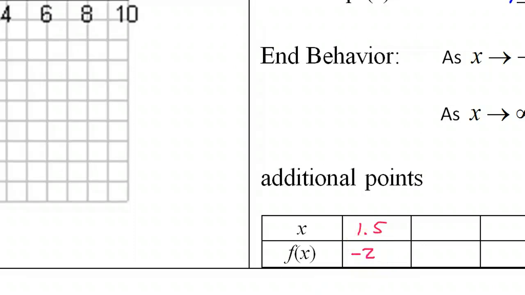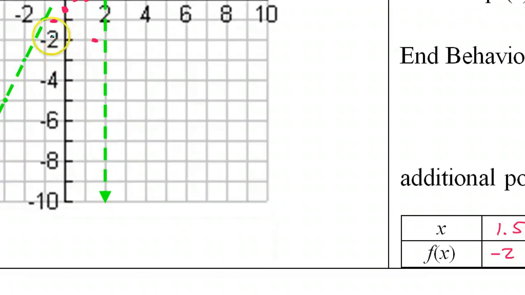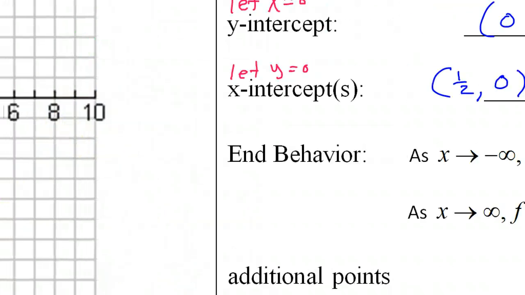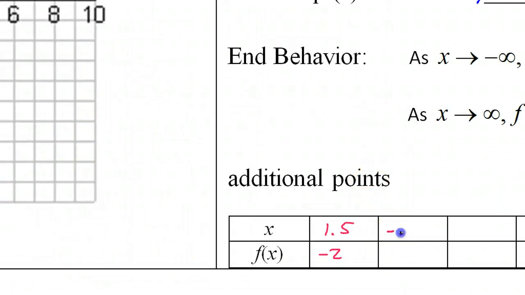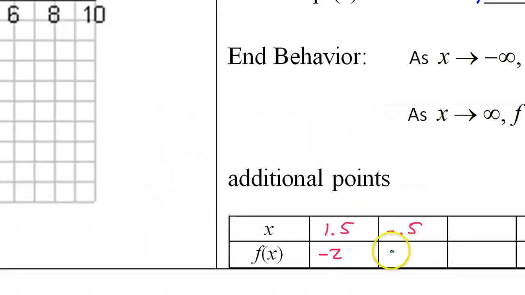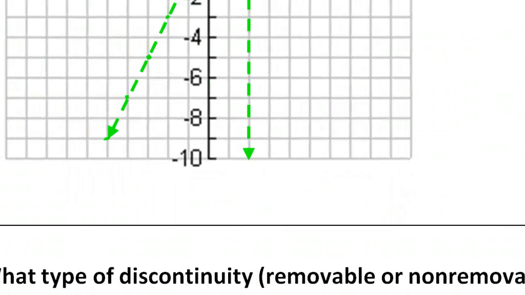I'm going to record that, and then I have negative 0.5. Okay, I'm going to just record all these points. So negative 0.5. What was that? That was negative 6/5, and all the rest of it. Alright, so these are all the points I just plotted. Okay, so just record all that on your table.